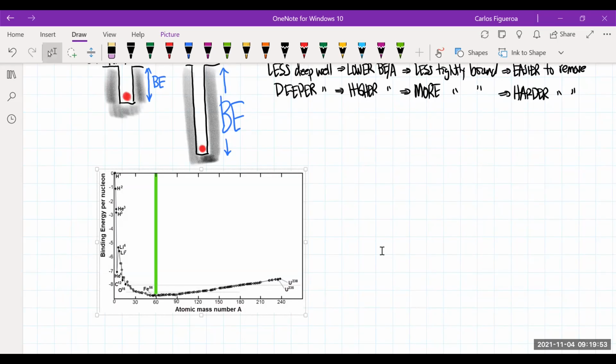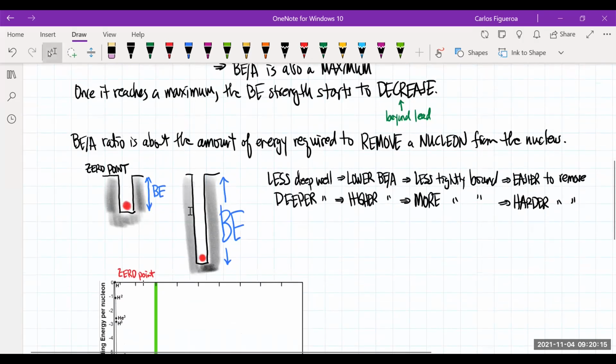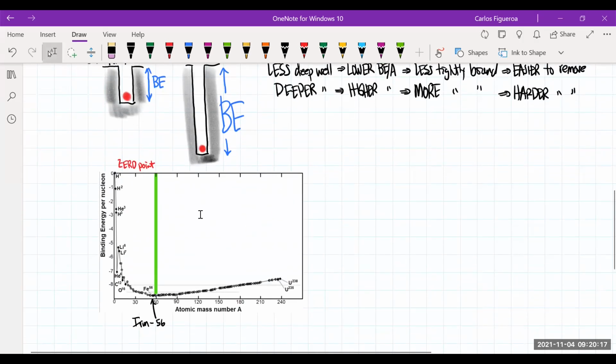And just to give you a couple of examples, look at this guy right here. That guy is iron-56. It's not the most tightly bound, but it is tight. So if you look at this thing, look at that. This is the 0 point. Look it up here, the 0 point.